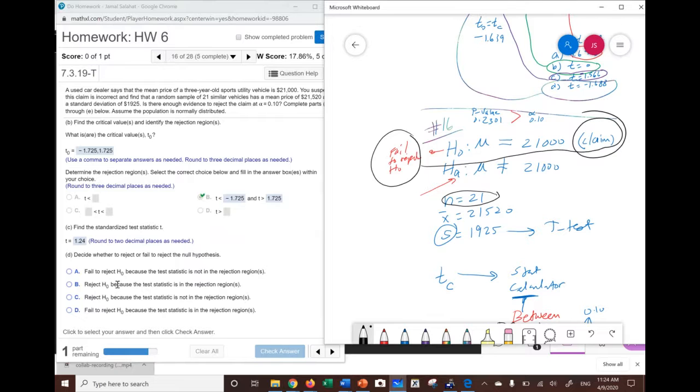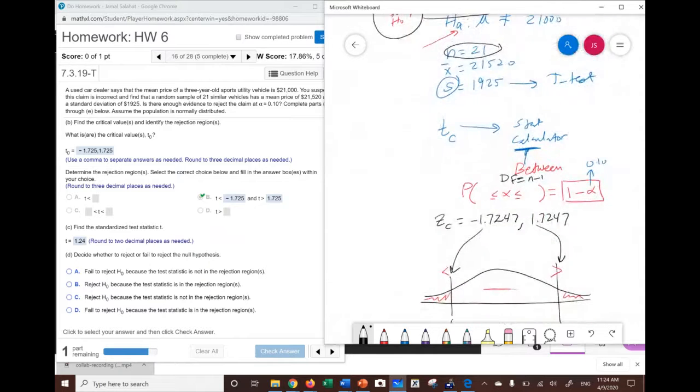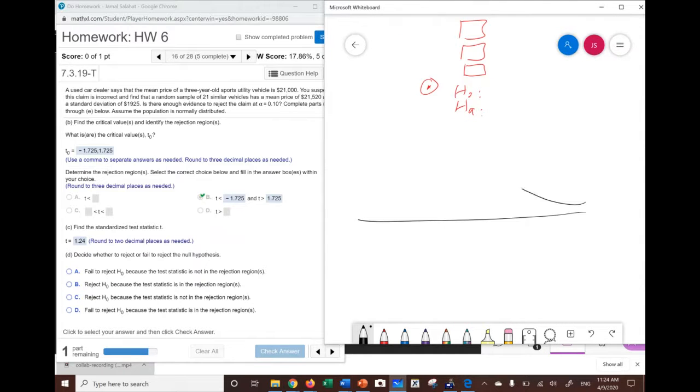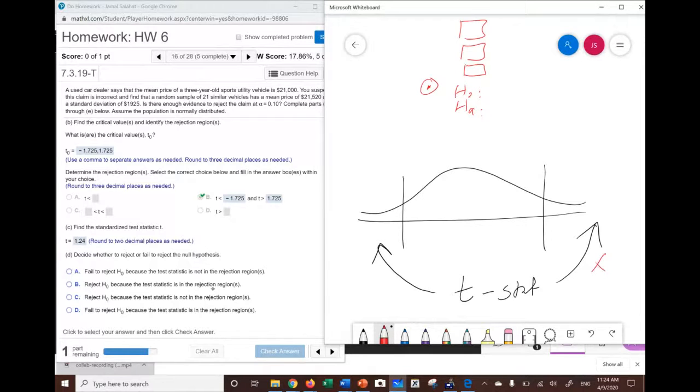Now, the question is because the p-value is bigger than alpha. But in this case, they say, okay, let's talk about the test statistic and the rejection region. Notice that if you fail to reject H-naught, it means that the t-stat did not fall here or there.